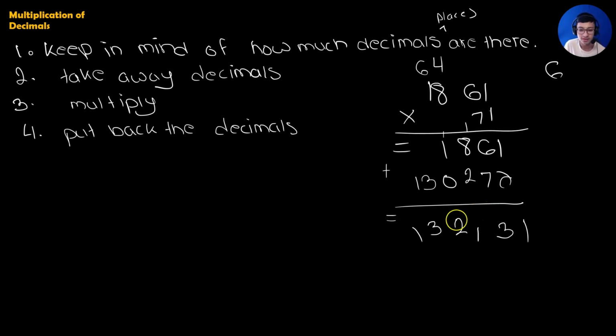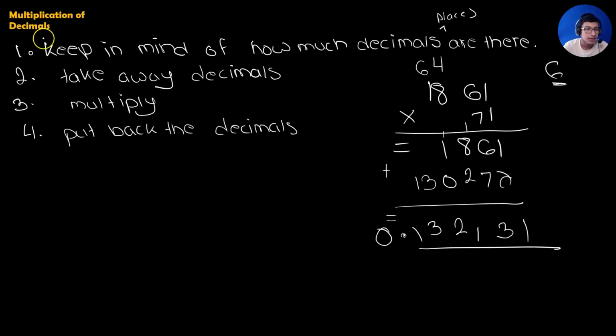Okay, let's just leave it. So that is our answer there, and we will just simply add back the 6 decimal places that we took. So 1, 2, 3, 4, 5, 6. So our answer would be 0.132131.